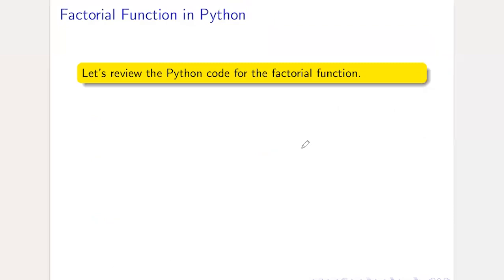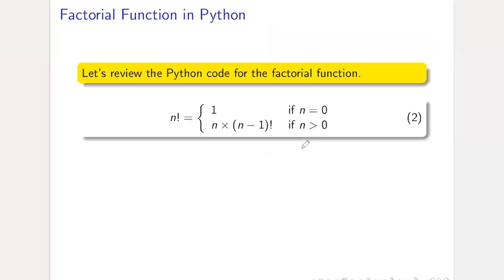Now let's look at the Python code for the factorial function. So here's the equation. When you want to compute the factorial of n, here I have the base case. Base case is when n equals 0, the answer is 1.